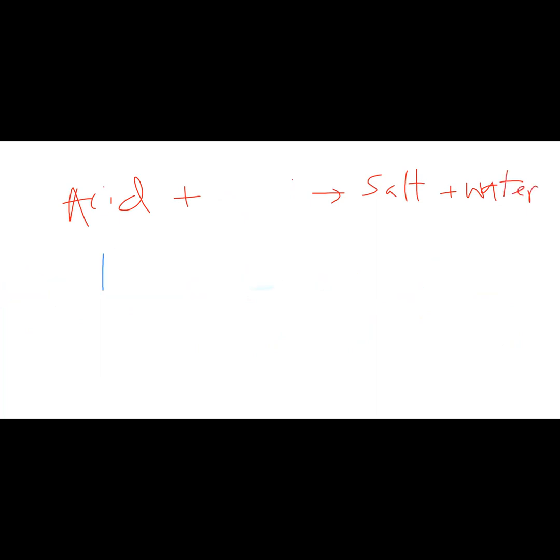What happens if you use acids and oxides? This time let's take a metal oxide. Acid and metal oxide, still you get the same result, now salt and water.